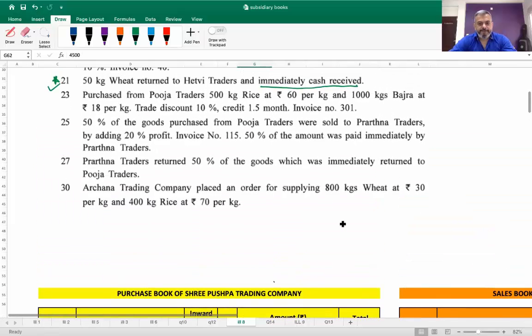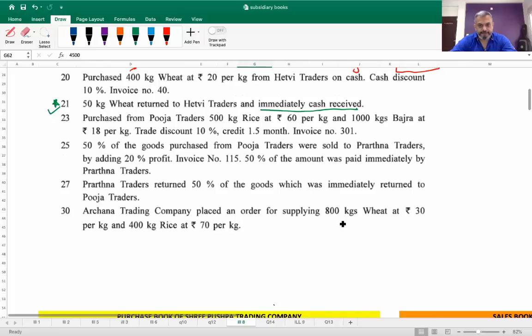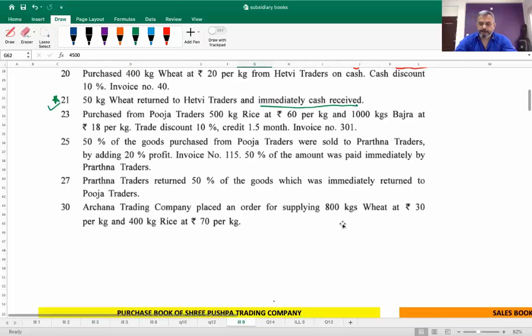Mark 25th, very important. 25th and 27th are extremely important. And that's why I'm doing this sum in spite of it being an illustration.